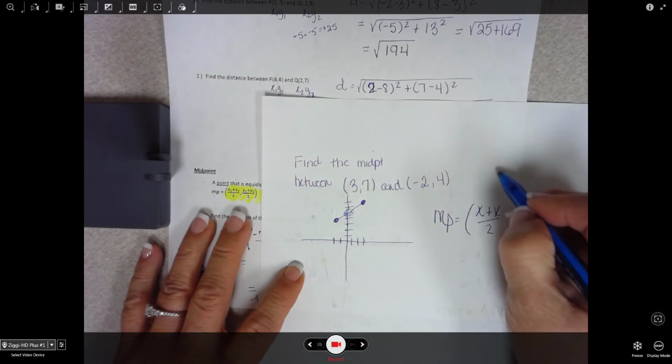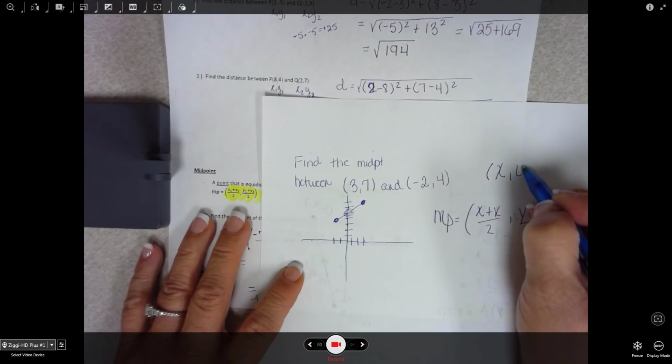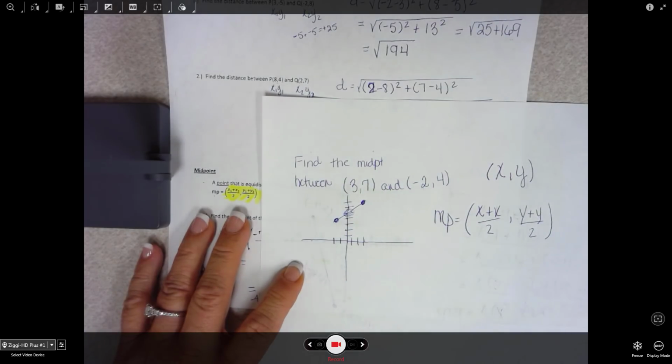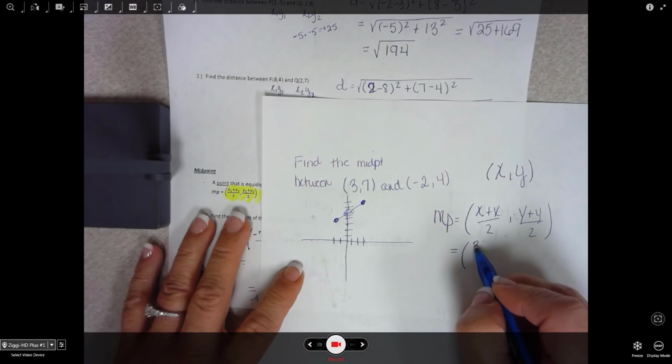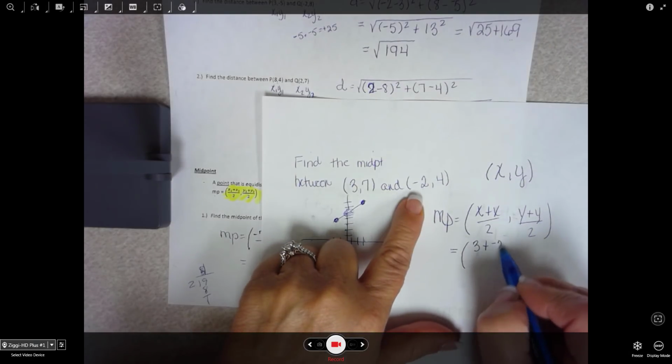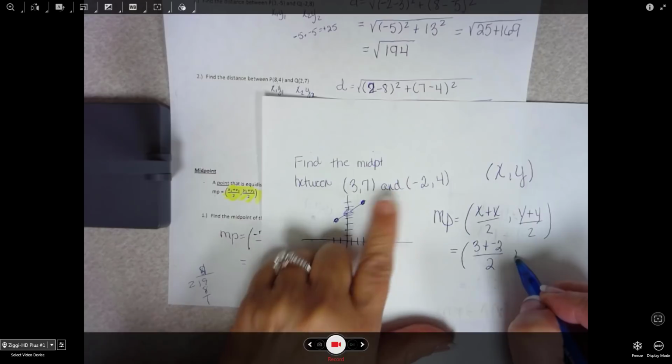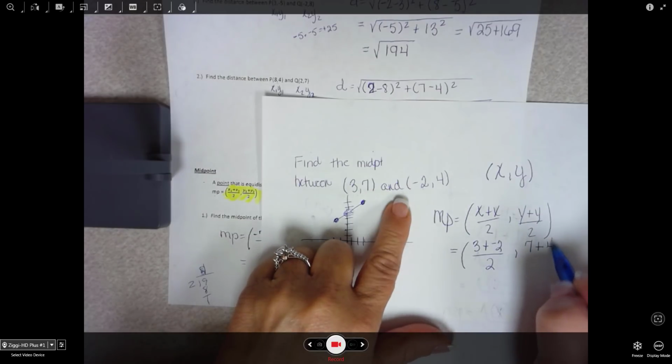And remember, all points are written like that. So let's add our x's together. 3 plus -2 over 2. 7 plus 4 over 2.